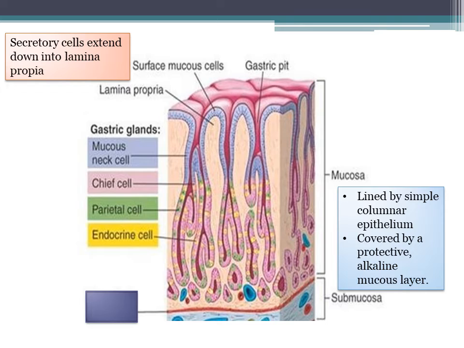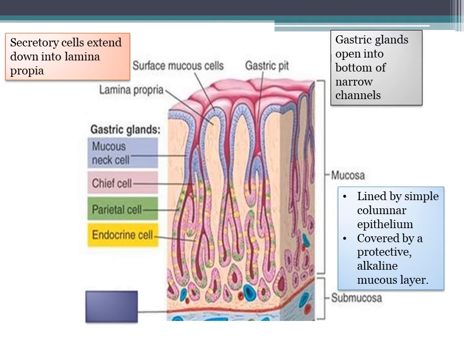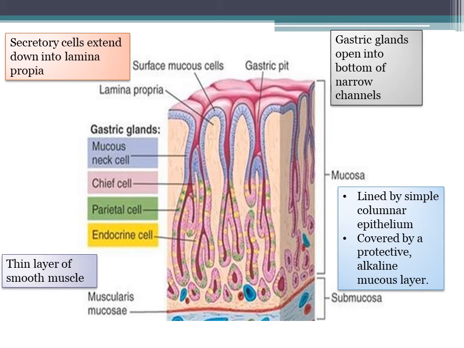The surface of the mucous cells, which are the epithelial layer, contains numerous invaginations called gastric pits, and the gastric glands open into the bottom of these narrow channels. The inferior layer of the mucosa is the muscularis mucosa, which is just a thin layer of smooth muscle.